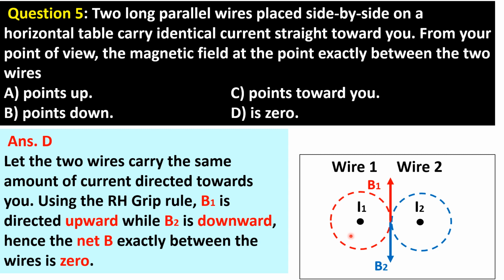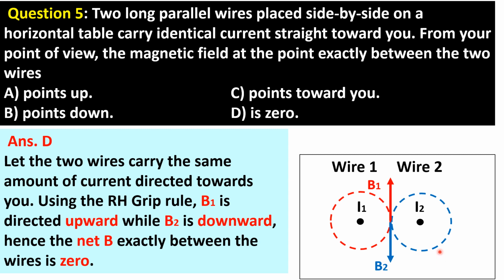At exactly to the right of the first wire, you will notice that the instantaneous magnetic field is directed tangent, because the magnetic field around this wire 1 is directed in counterclockwise direction. That's the general description of the magnetic field B1. At that instant, the magnetic field is directed tangent, as shown by the red arrow. Now, how about for the second wire?